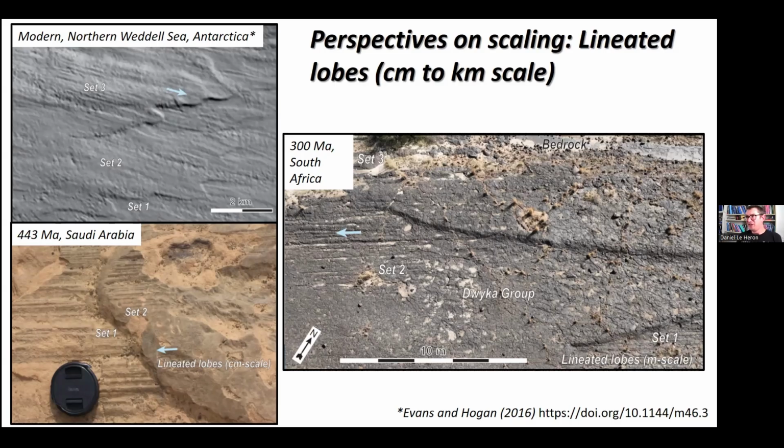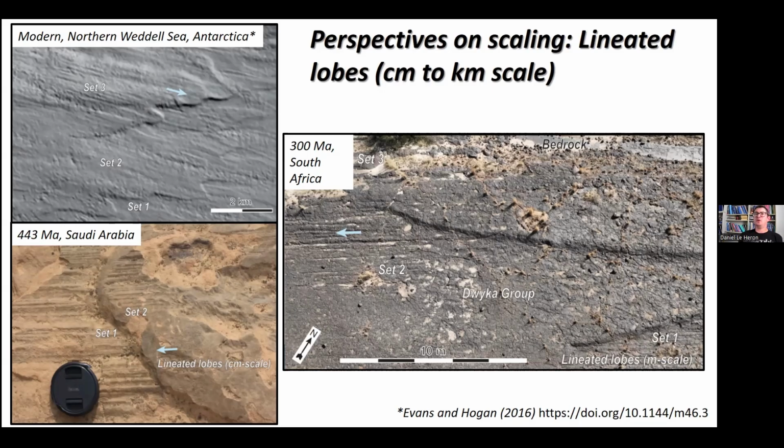We can make that case with the scaling relationships based on the data that we've collected from each of those different examples. But one area that we do not fully understand is the why.